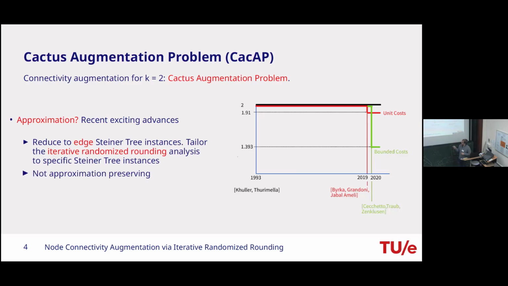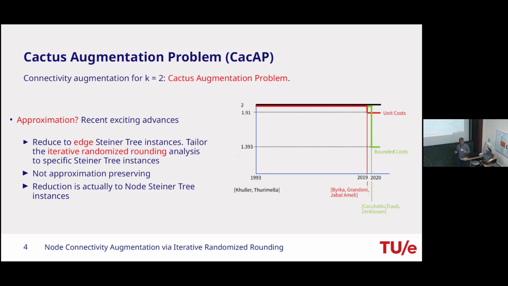But this reduction wasn't quite approximation preserving, because the links were the actual Steiner nodes and they had the cost, but they instead just treated it as a regular edge Steiner tree. So we're interested in these node-based Steiner trees.